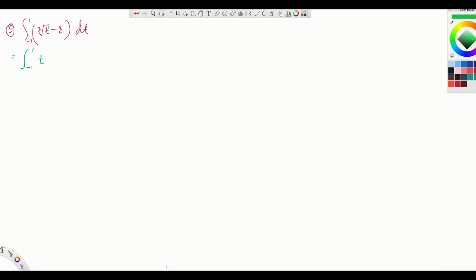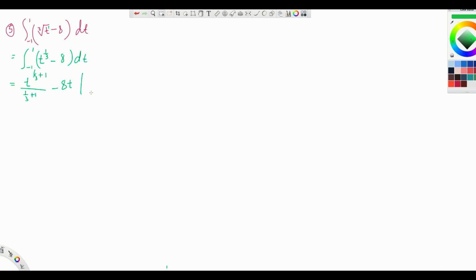So this goes to the denominator of the exponent, so t to the 1/3 minus 8, and then I write dt. So if I find the integral of this, you write t to the 1/3 plus 1, over 1/3 plus 1, right? And then minus, what is the integral of 8? That is 8t. You see that?